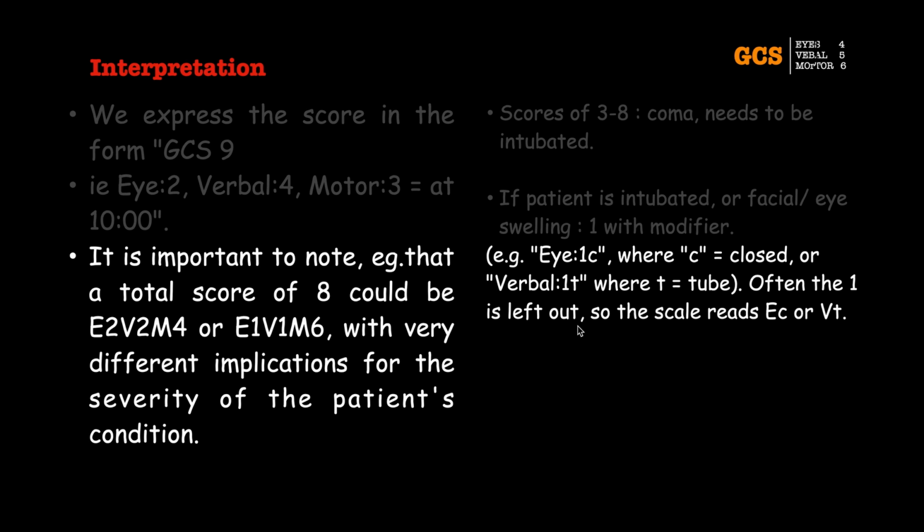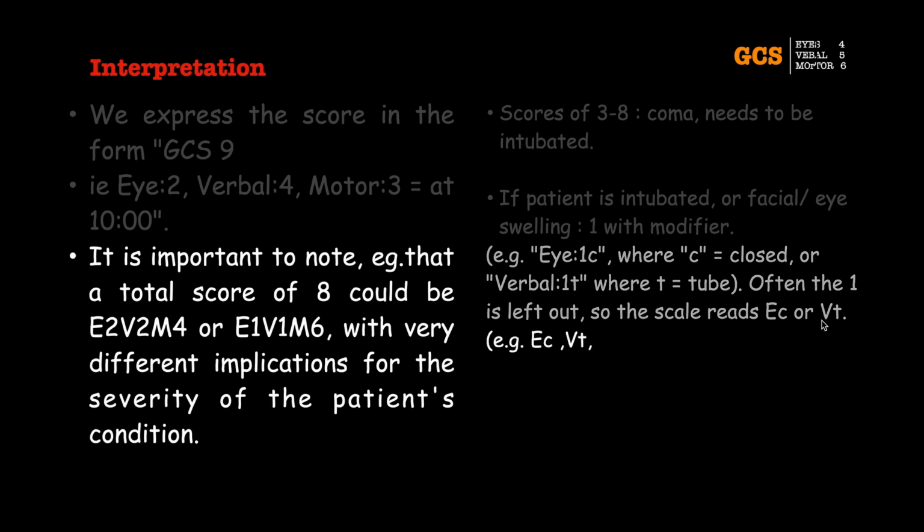Now, often we leave out the 1, and so the scale is recorded as EC or VT, where EC means eyes are closed and VT means there is a tube in situ, and so verbal response cannot be solicited.